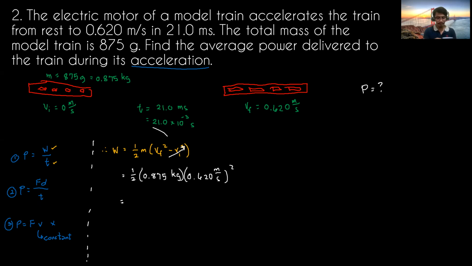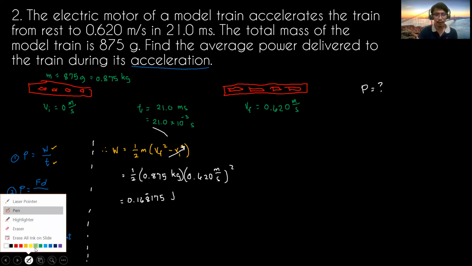That is 0.620 squared times 0.875 divided by 2, which gives us 0.168175 joules. Okay, so this is our work. Remember, do not yet round it off because this is not our final answer. We are looking for the power. But take note of the number of significant figures. How many significant figures? Three.